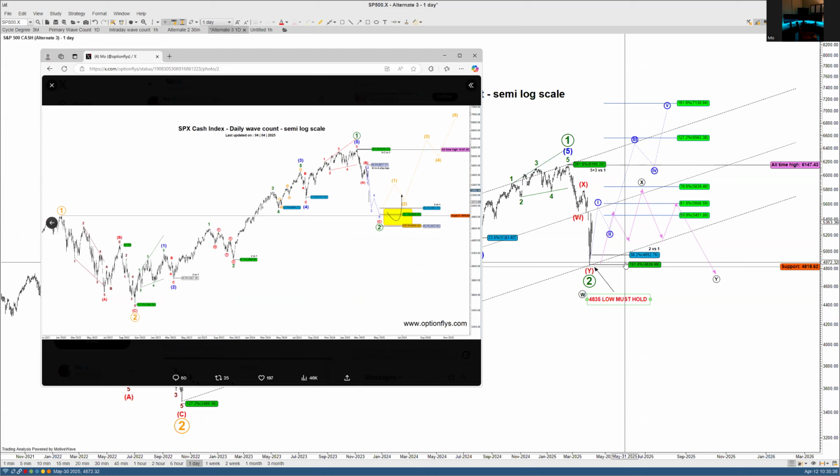That's not the point. The point is I have my zone. This is where I see the turning point. Now it could be 38.39, it could be 46, 44, 45. That's not the point. The yellow zone is what it is.